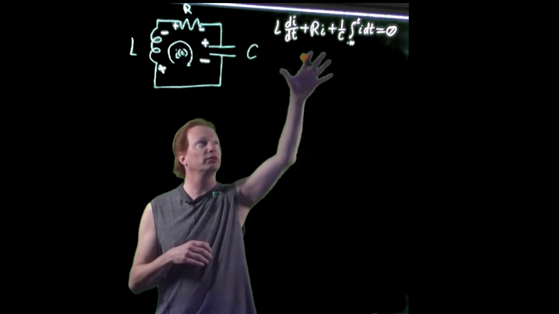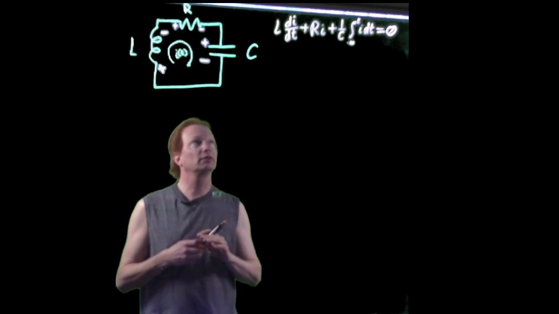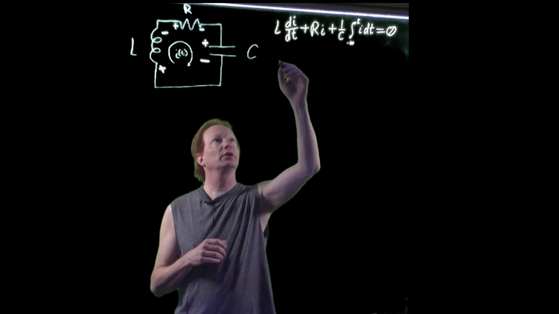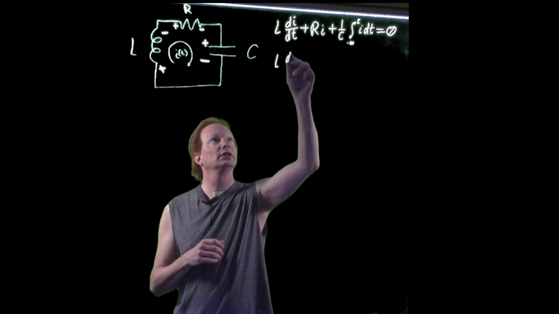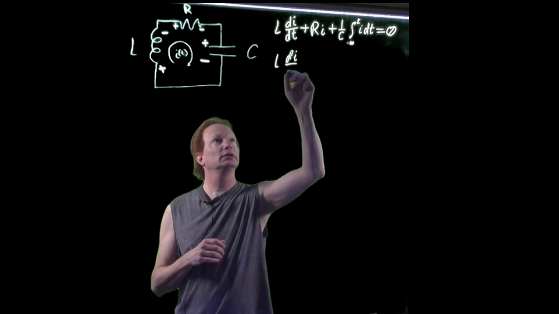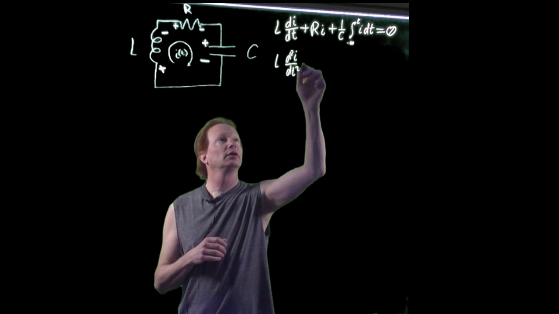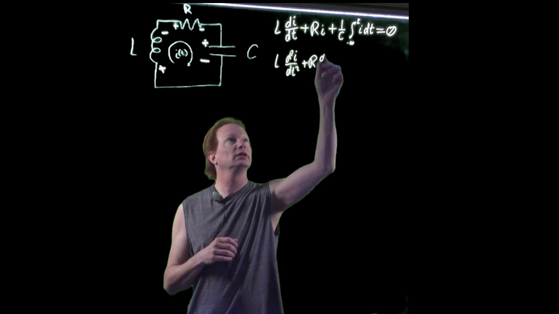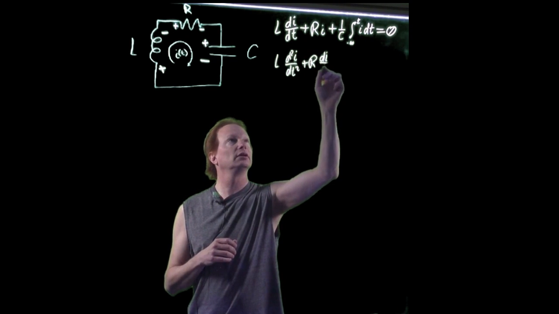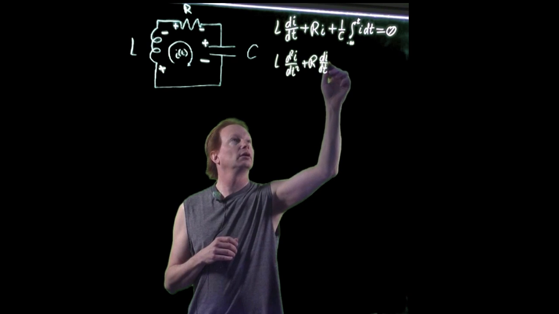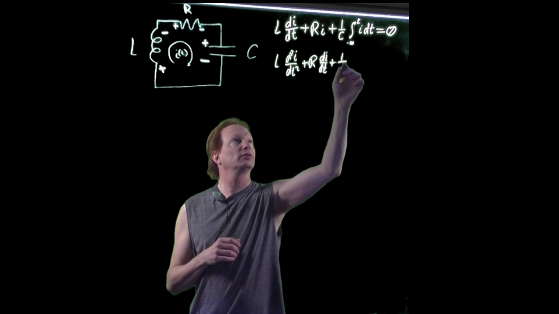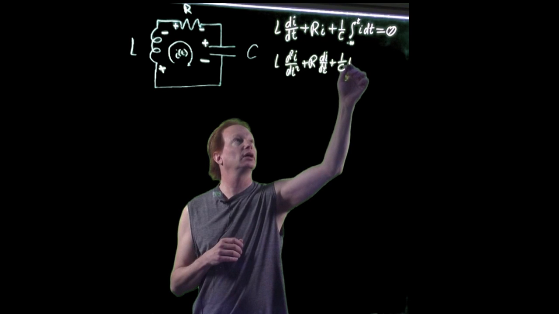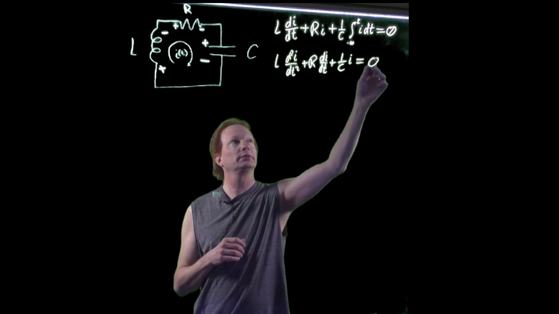What we can do is take the derivative of that equation in each element, and that will give us the second derivative: d squared i/dt squared plus R di/dt plus 1 over C i equals 0.